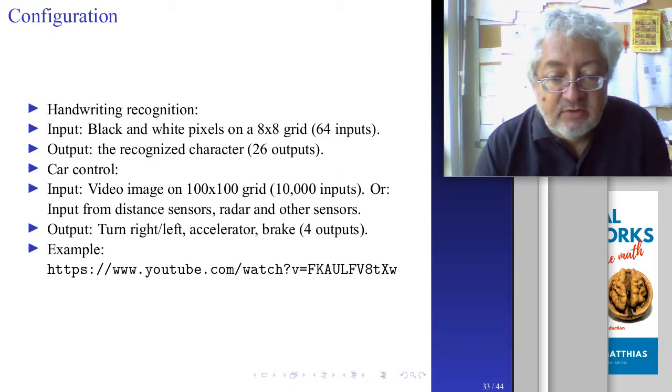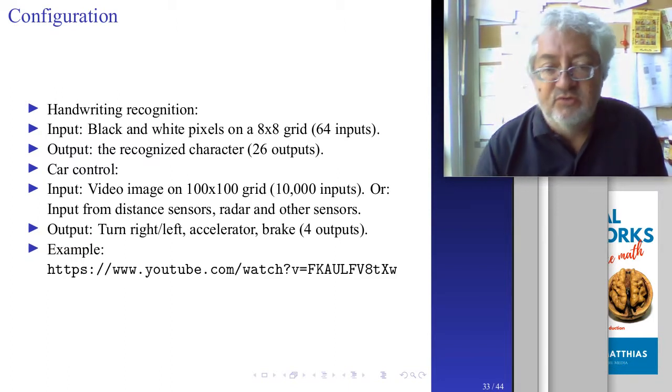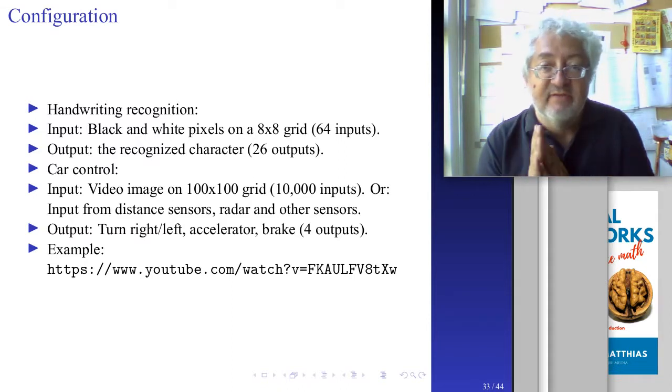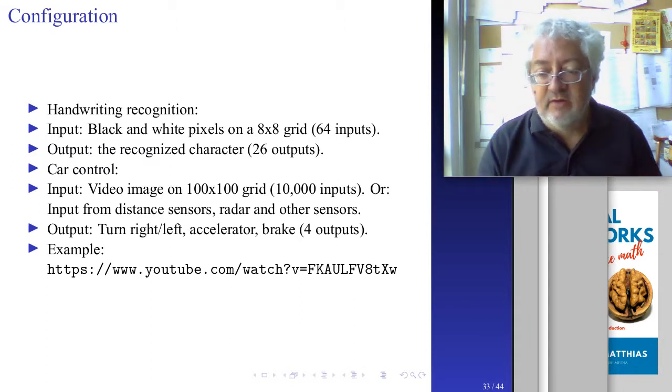Okay, so this is how you would configure this thing, and we have multiple examples, so I don't want to show you all these things now, but here's an example on YouTube of a simulated self-driving car that is driven by a neural network, and you can get some idea of how this would look.